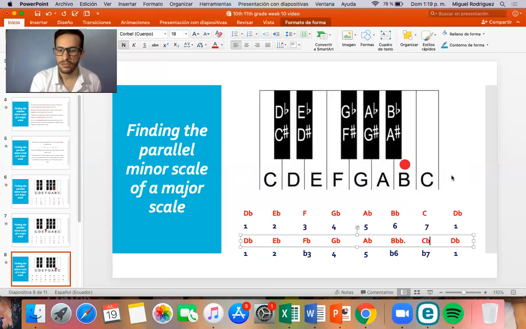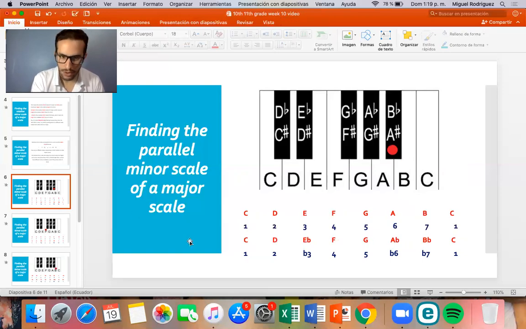Okay, so moving on. That is the D flat minor scale, and this is the D flat major scale. So, to review a little bit, again, the C minor scale is the parallel minor of the C major scale, meaning that the C major scale is the parallel major of C minor. Here the same thing.